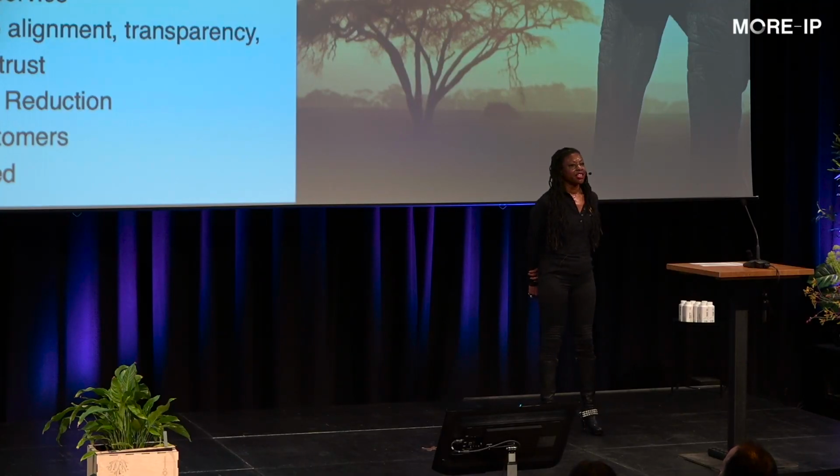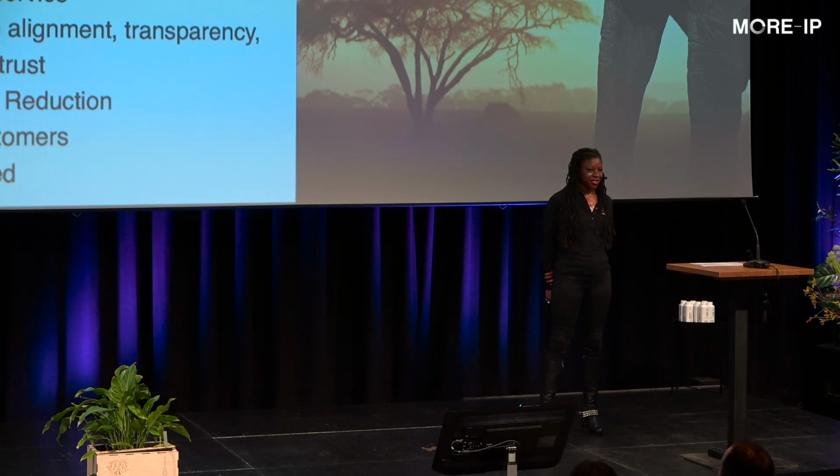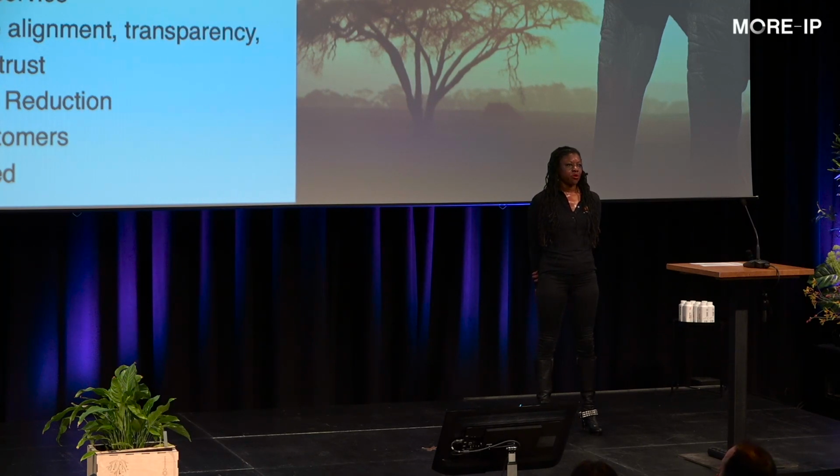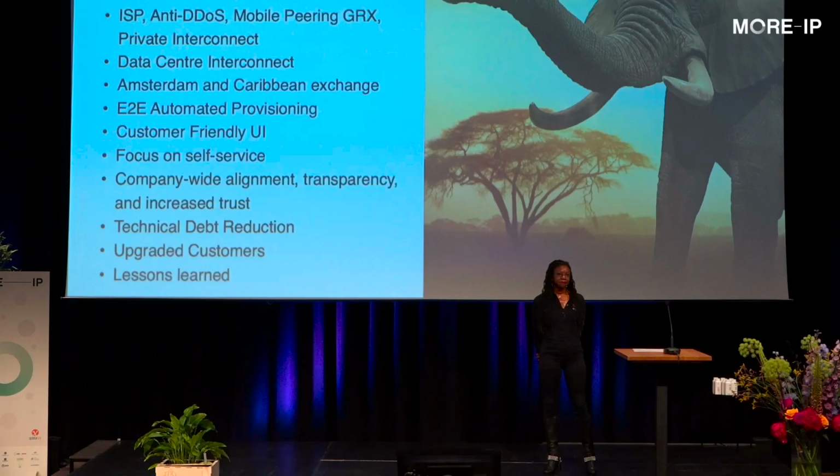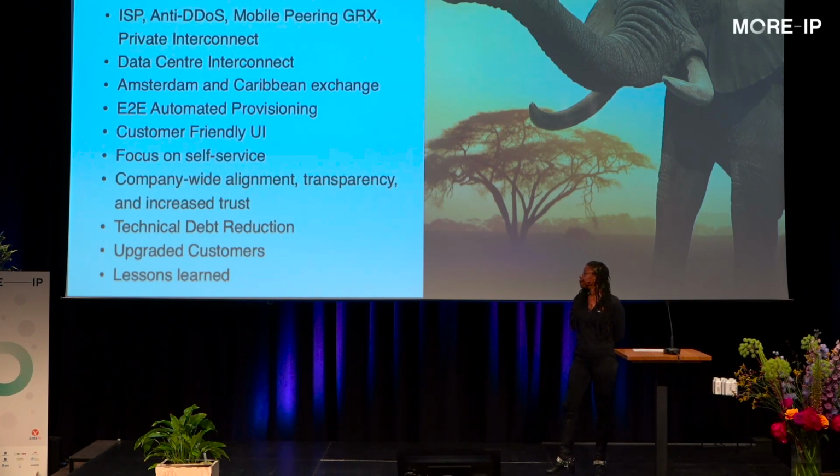But that's not all. There is more to come, so watch this space from both the Amsterdam and the Caribbean exchanges. We now have end-to-end automated provisioning. We also have an end-to-end automated testing environment, which is connected to new switches.